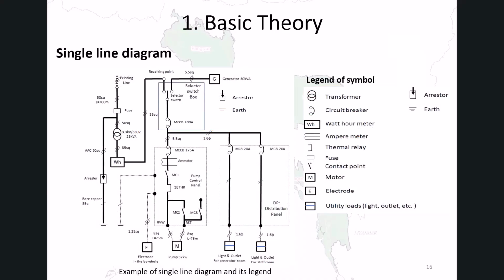Single-line diagram is a simplified representation of an electrical system. It is also known as an SLD or one-line diagram. Symbols and lines are used to represent the nodes and connections in the system, and electrical characteristics may be included as well.